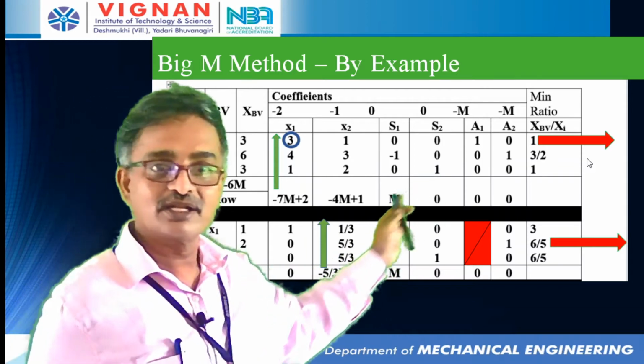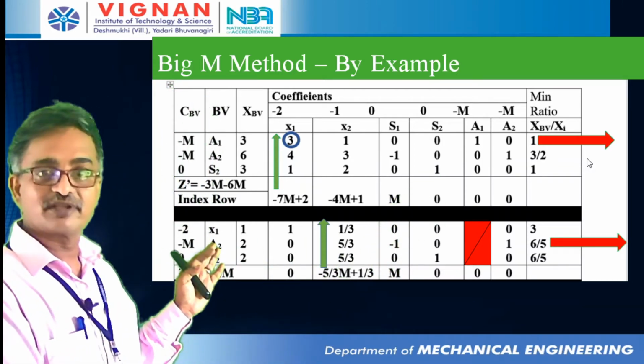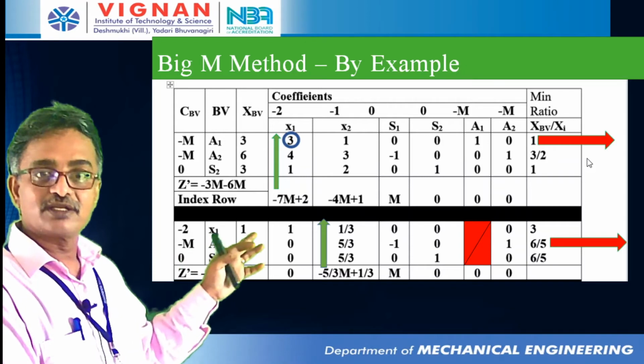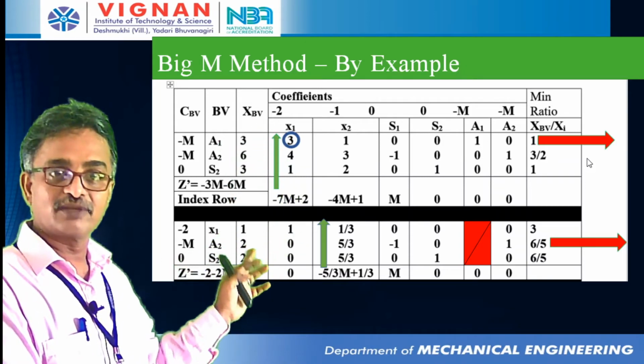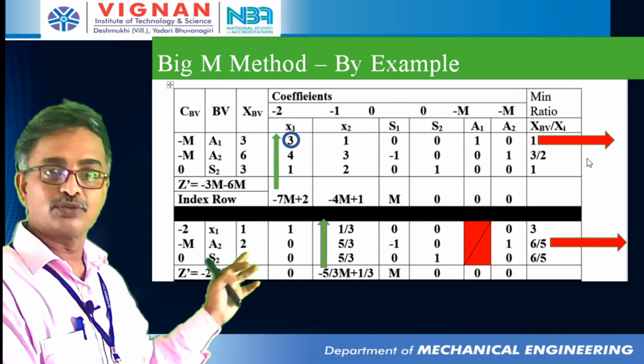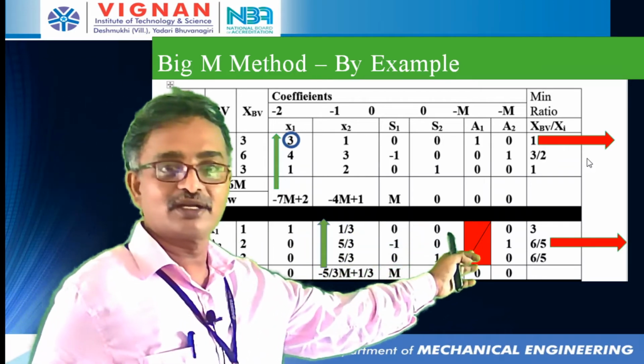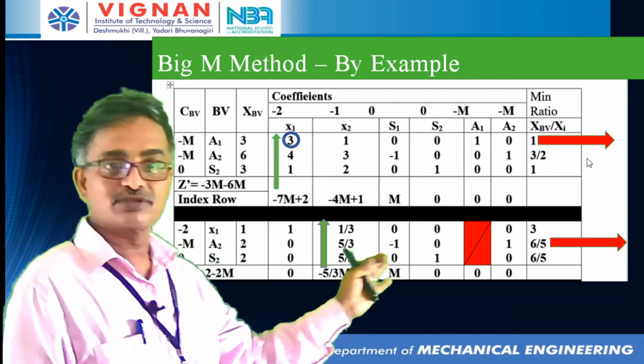Now a2 is there, calculate all those. The basic variable here is x1, so the x1 to x1 intersection point is 1, and all the remaining values in the column are 0. For a2 and a2 we have a 1 and all other remaining values 0.